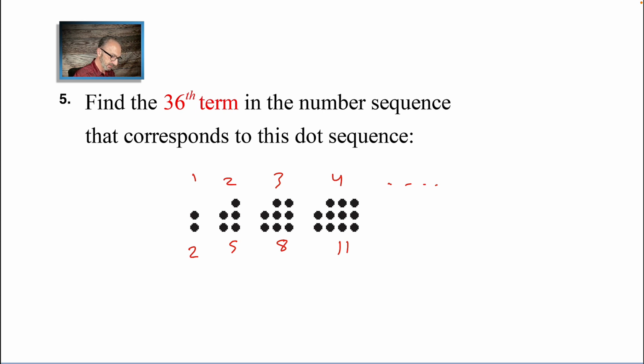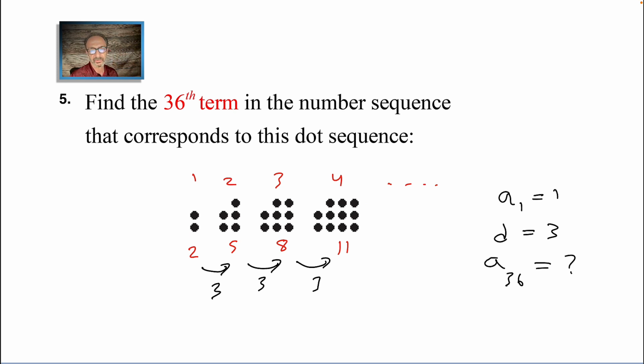The common difference, if you want to use the arithmetic sequence, is 3. So we could use a sub 1 equals 1, and d equals 3, and we need a sub 36 equals question mark. So there are a lot of different ways you could solve problems like that. I'm using arithmetic. You could use the slope-intercept formula, and so on.